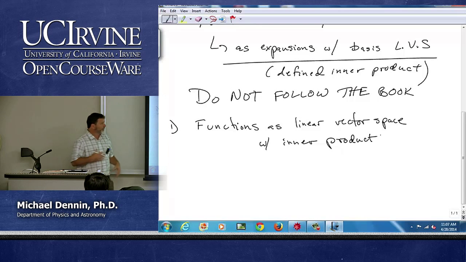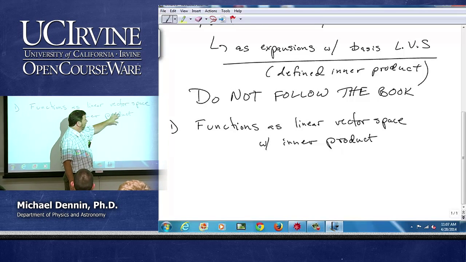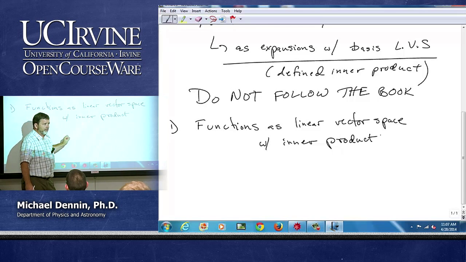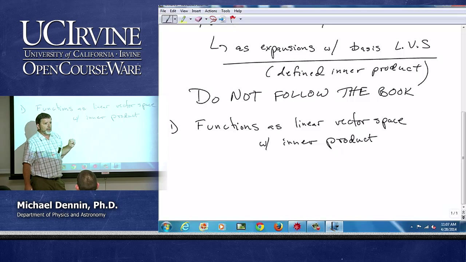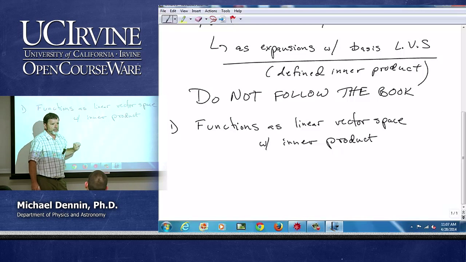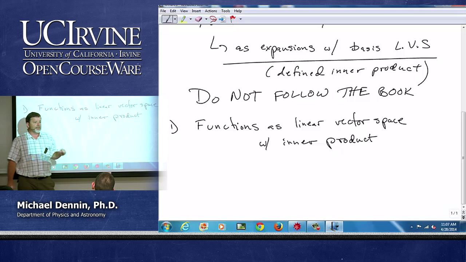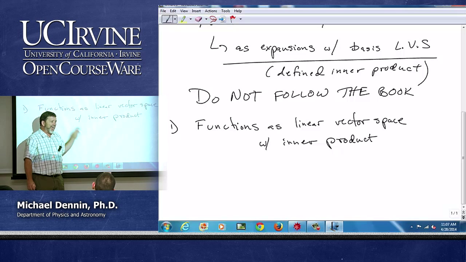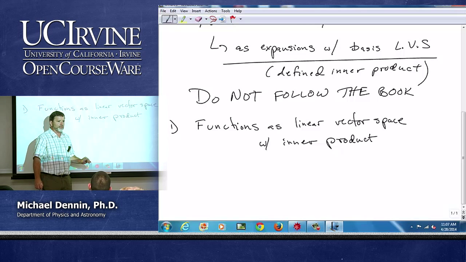And the other useful thing about doing it this way is that once I've done this for Fourier series, I can now do this. You're going to expand things in spherical harmonics in E&M. You're going to expand things in Chebyshev polynomials. You're going to expand things in Hermite polynomials. You're going to expand things in Bessel functions. Any expansion in functions follows the exact same procedure we're going to do now for Fourier series.